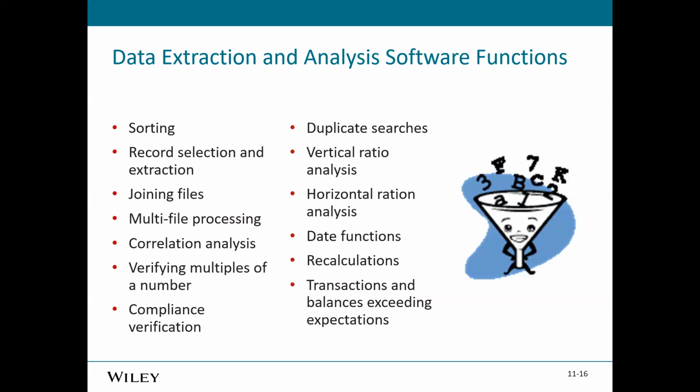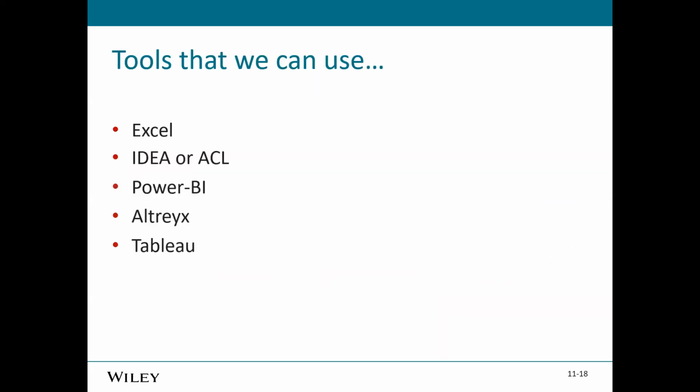So if we have files stored in multiple locations, we can join them and use data from multiple files. Looking for duplications, ratio analysis, horizontal or vertical analysis. We can do various functions and recalculations. All of these things can be done in the transformation phase and through analyzing your data to help us identify some issues.